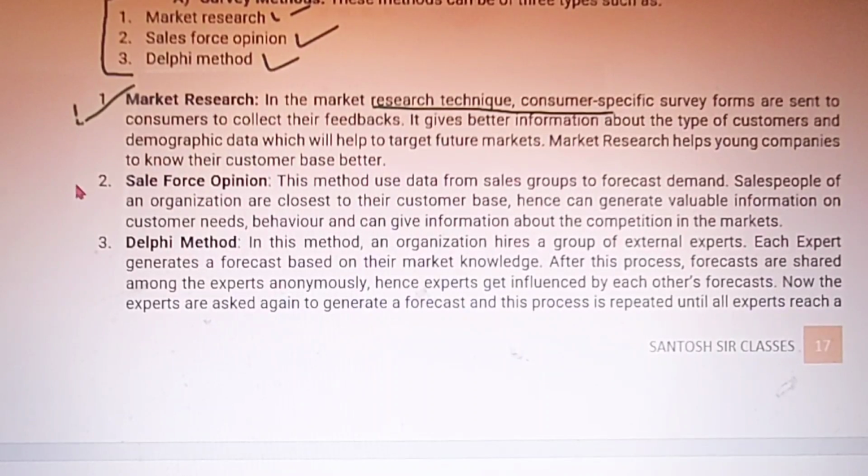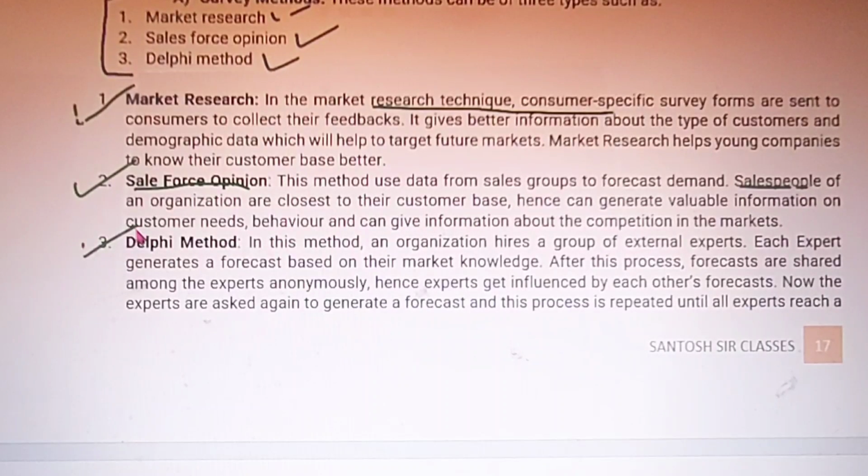Then the second one is sales force opinion. Whatever sales team is working in the company, it can take their opinion. Their responses will be very crucial in deciding the price of a commodity.